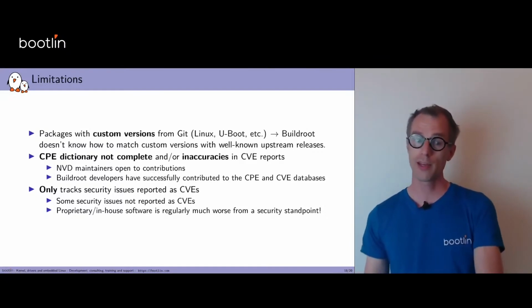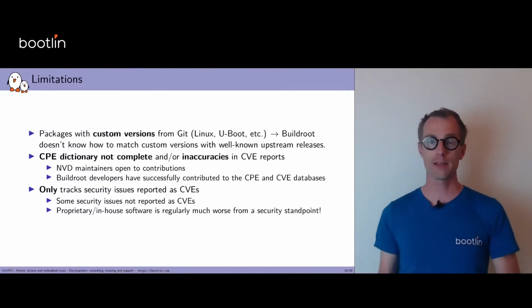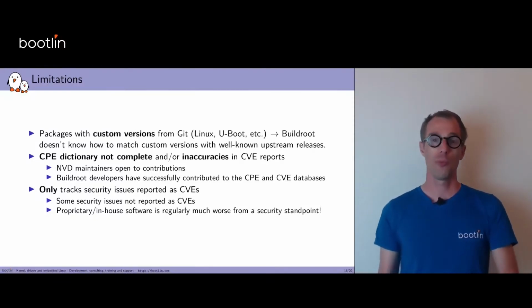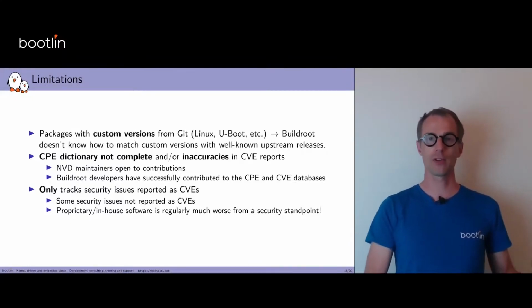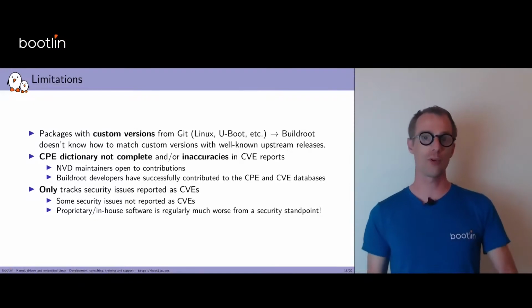Another aspect that is important is that in a lot of embedded products, you have a combination of open source components and proprietary in-house components, and the CVEs are only reported for open source components typically. But in many cases, we see that the code that is written in-house is poorer than open source code from a security point of view.